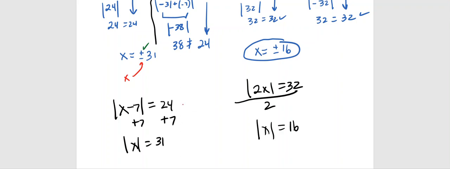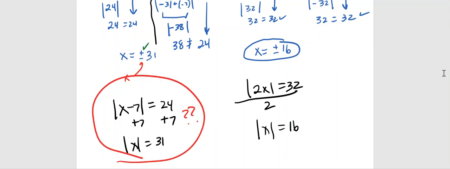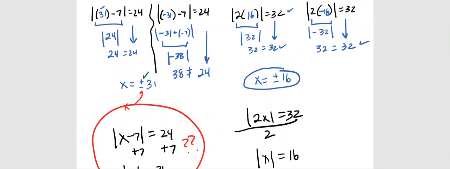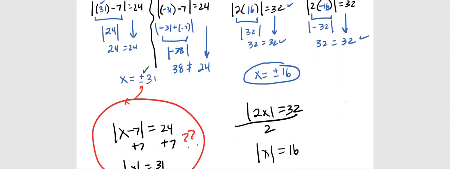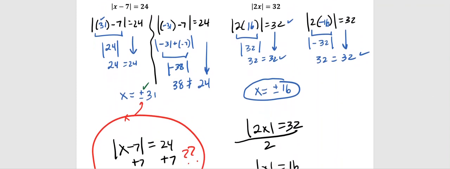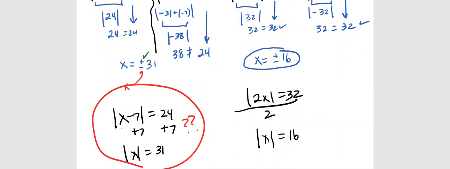The issue is that although we've got that process that seems to work here, it doesn't work here. So I want you to think about that a little more carefully and think about how you might have to revise our process for solving absolute value equations, because it seems like the approach we're taking right now, this focus of isolating the variable the way that we've been used to with traditional equations, is working sometimes, as we saw with the absolute value of 2x equals 32, but is not working other times when we see the absolute value of x minus 7 equals 24.